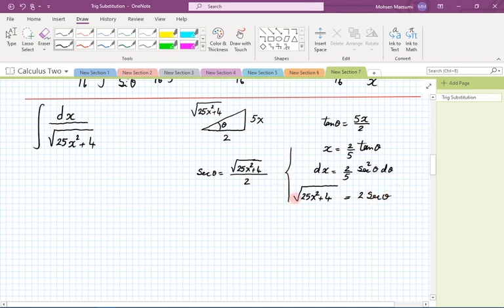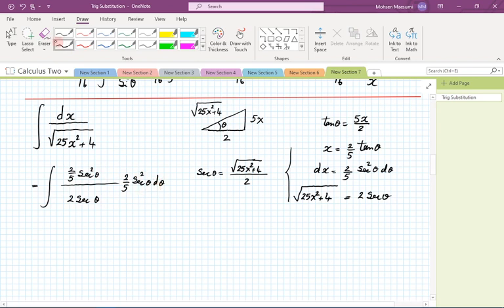So we are ready because I can substitute everything. So I have here, instead of dx, my 2/5 of secant squared of theta d theta.